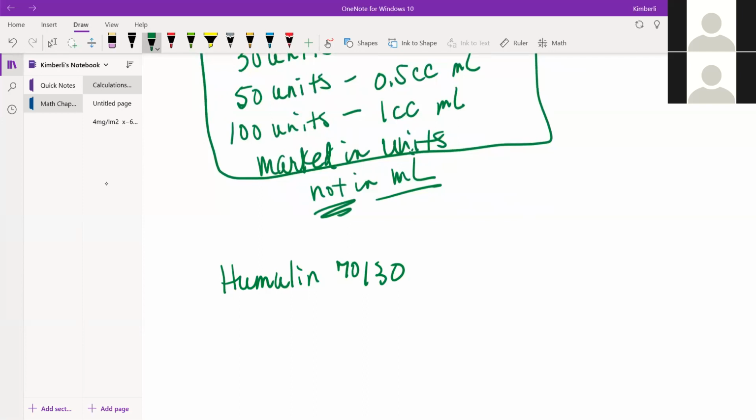Humulin 70/30 is 70% N and 30% R. Now the R is regular and the N is NPH. Okay, so those are different types of insulin and they mix them in the same vial.